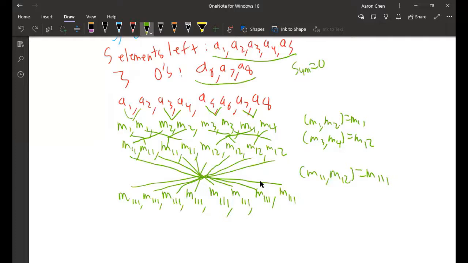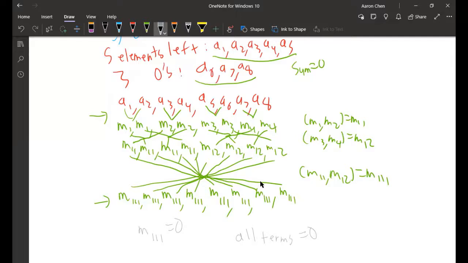And at the same time, these were all zeros in the first place. So the total sum here is 0. And so we have that M111 is also equal to 0. And so that means that all of the terms are now equal to 0.